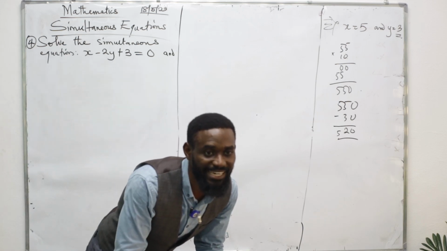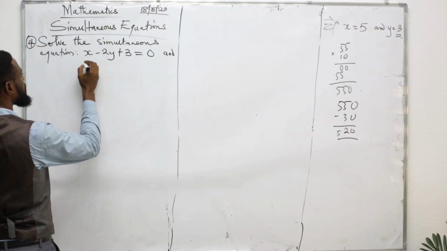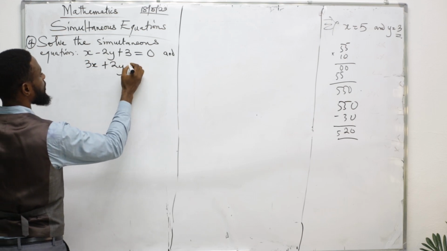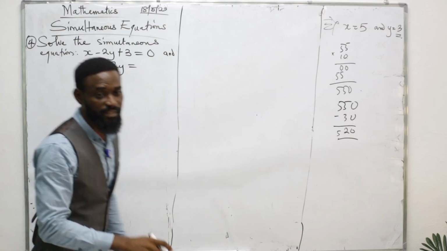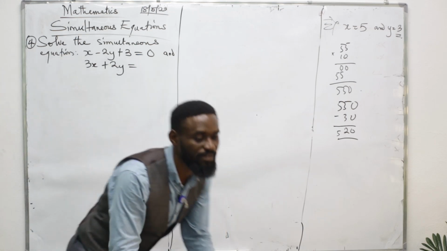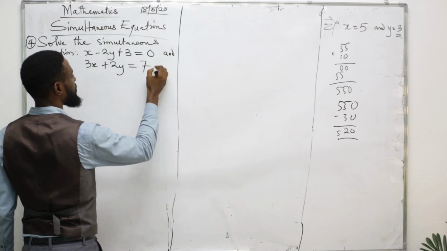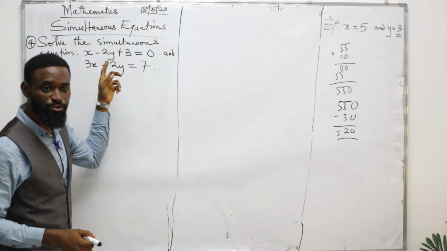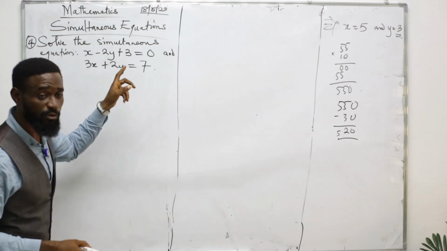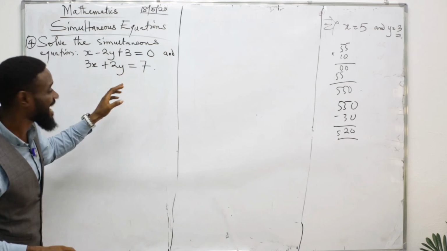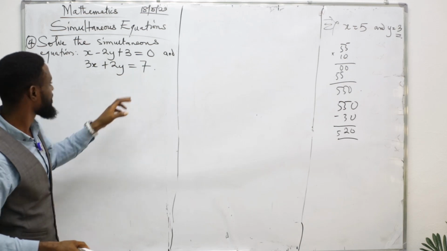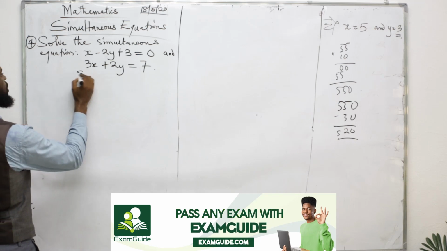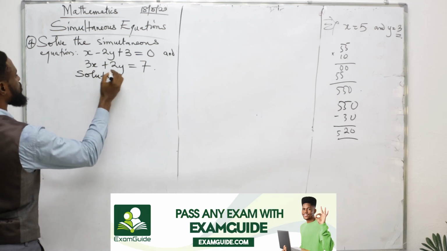Then the next one is 3x plus 2y is equal to 7. All right. So x minus 2y plus 3 is equal to 0. Let me confirm that. 3x plus 2y is equal to 7. All right. So let's put this into solution now.